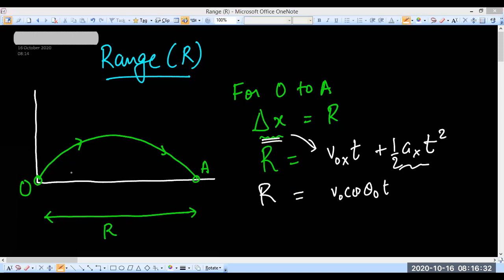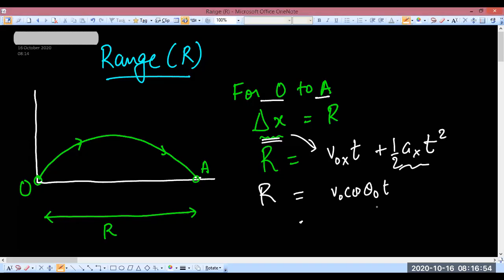But time to go from O to A, we have already found that, right? What is that time called? Time to go from O to A, it is called time of flight. We just derived it, so put in its value. So here we should write t is equal to TF.